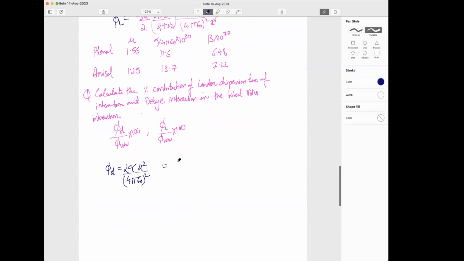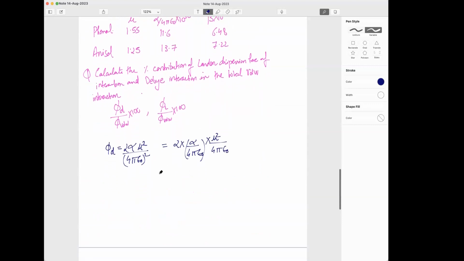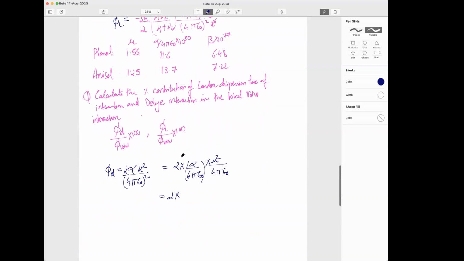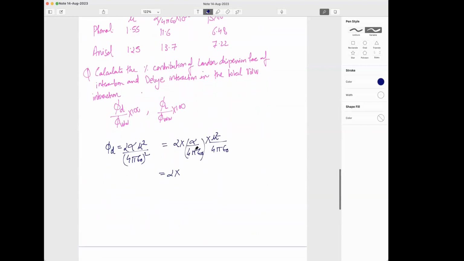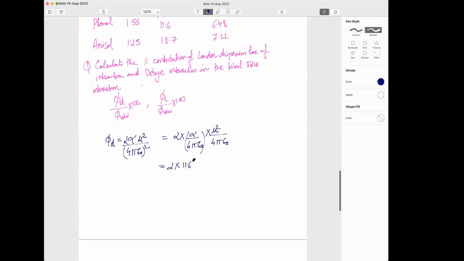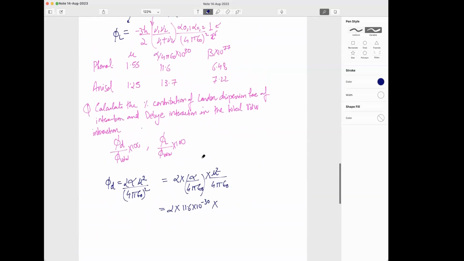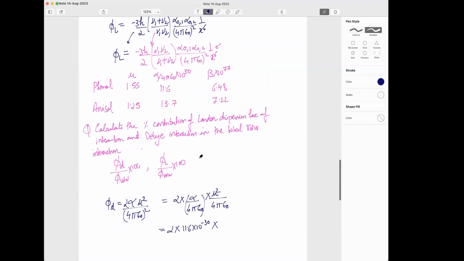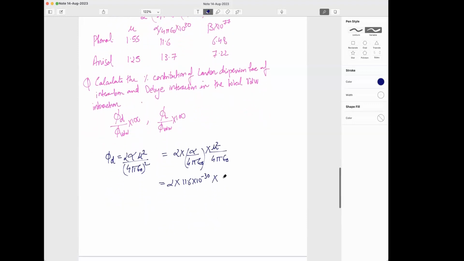So 2 into alpha by 4 pi epsilon naught, which is 11.6 into 10 to the minus 30, into mu square, where mu is the dipole moment.